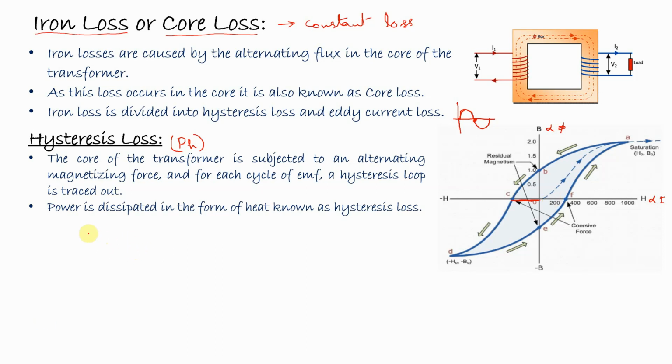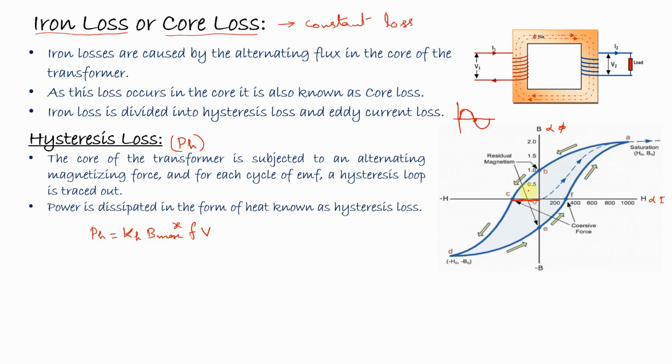The hysteresis loss is represented by a formula: Kh Bmax to the power x into F into V, where Kh is a proportionality constant, Bmax is the maximum flux density that is produced in the material, F is the supply frequency, and V is the volume of the material in meter cube, where x is a factor and it depends upon the material.